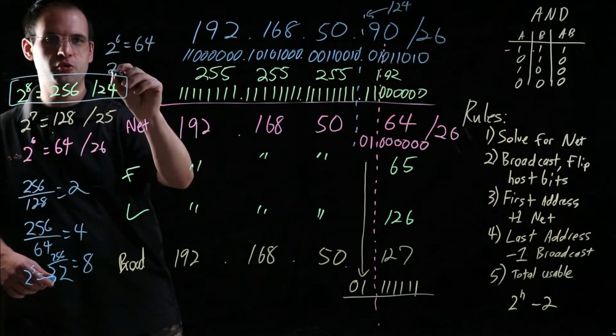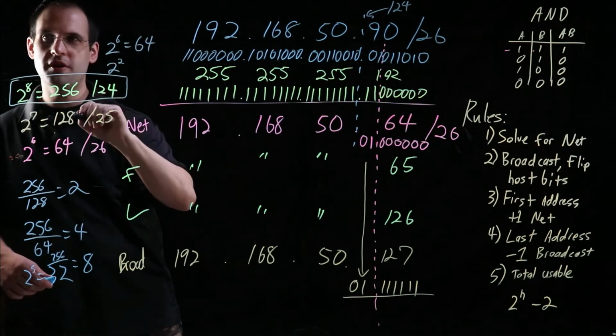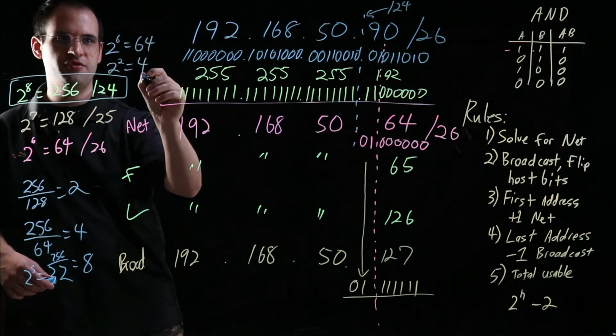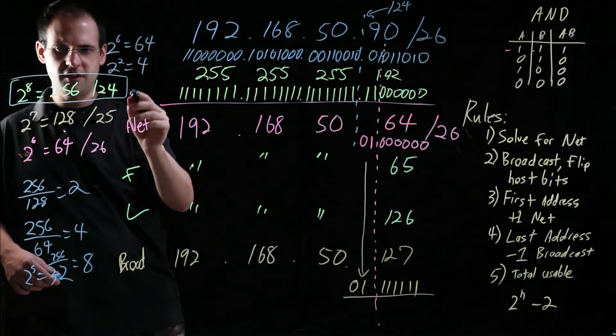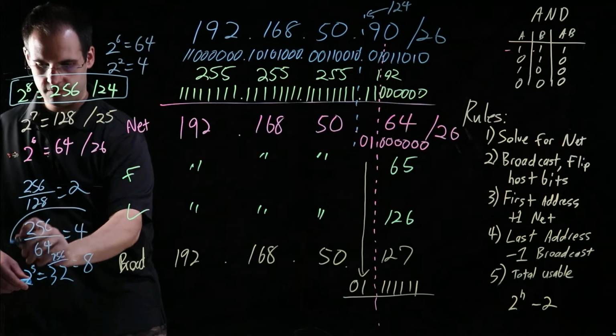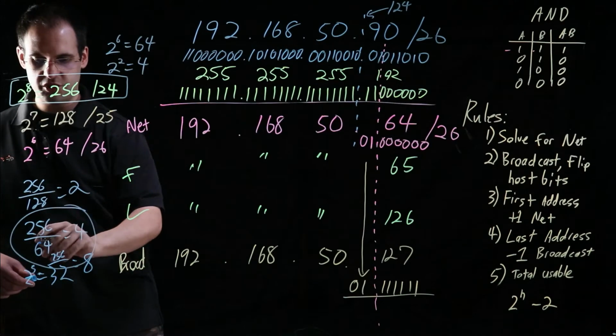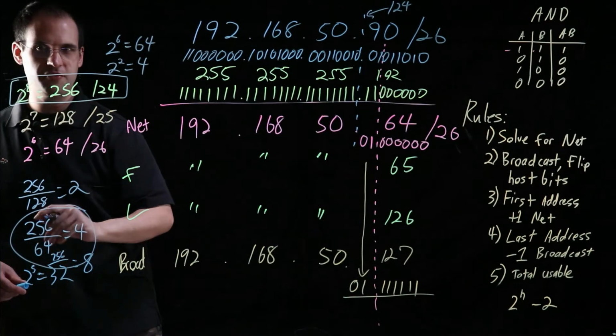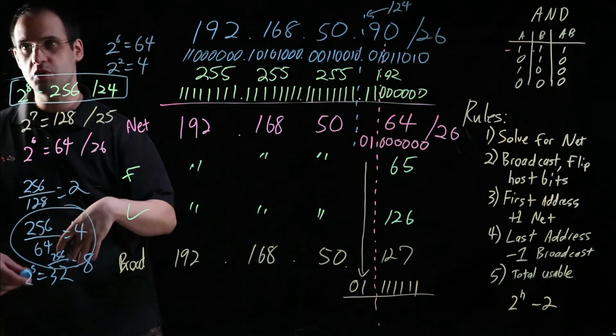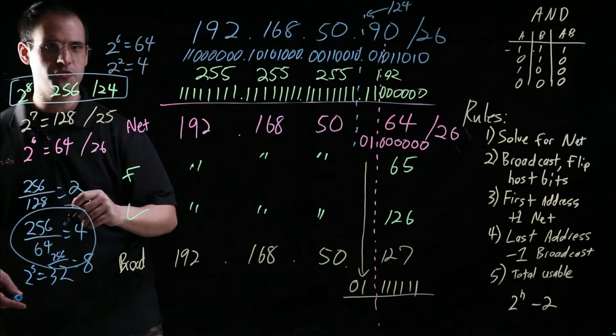And then we have 2 to the 2nd, 2 more network bits, that's 4 networks. So given a /24, if we have 64 hosts per network and 256 total, we get 4 total networks.